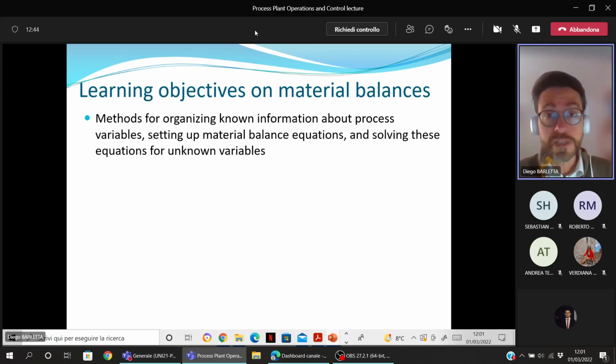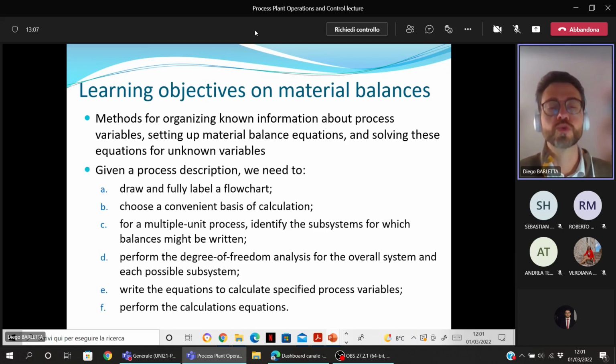And once we have these, we need to set material balance equations and solve them in order to estimate the unknown variables. So as in all mathematical problems, we will have input data and unknown variables. In any case, these will be referred to as process variables.